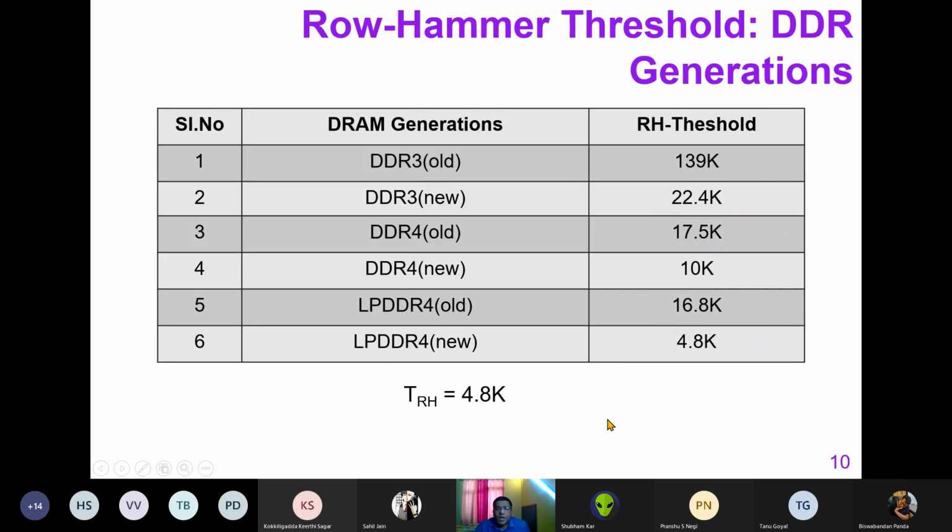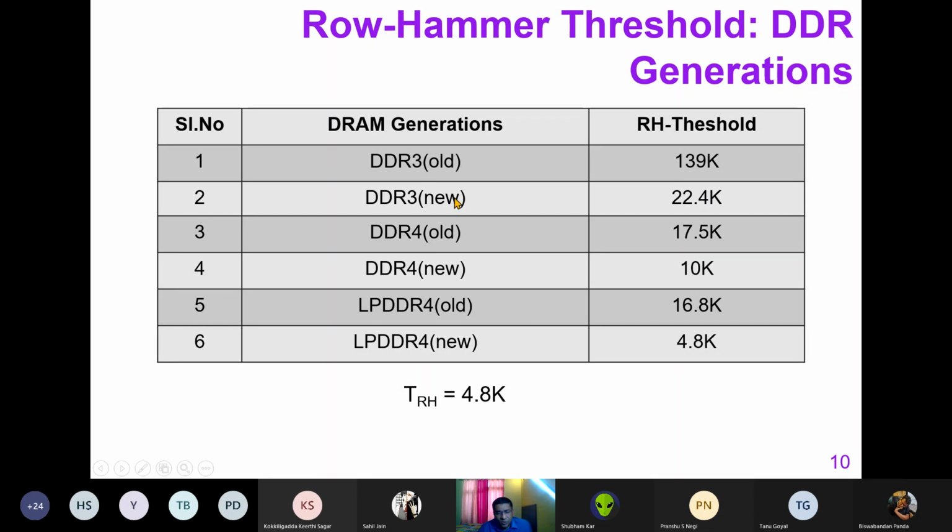Okay, so the row hammer threshold for DDR generations, like we have different generations, DDR3, DDR4, and LPDDR4. To do a row hammer actively at the DDR3 level, we needed 139K activations within a refresh period.